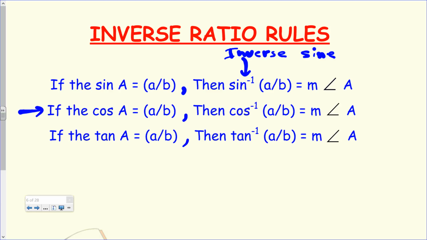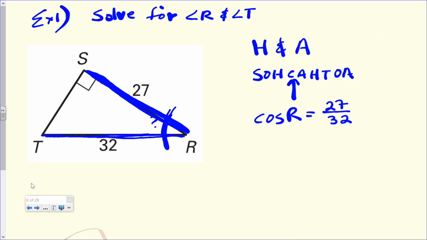Check it out. You write it with me. I'm going to write the inverse cosine, cosine to the negative 1, of 27 over 32. There's the ratio. It's going to equal the measure of angle R.